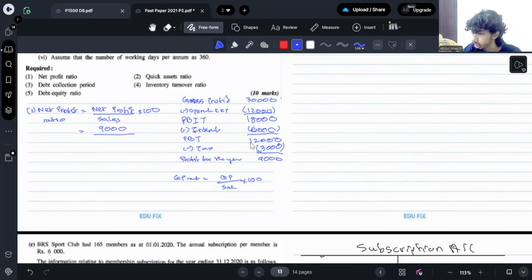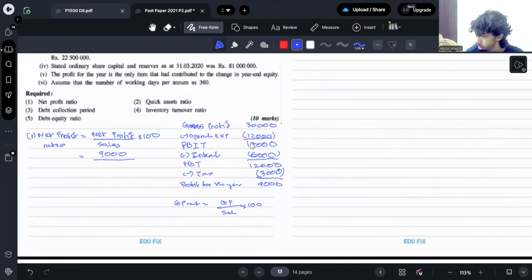Gross profit is given as 30,000. And how much will be sales? Sales will be 30,000 divided by 25 into 100. That will be 120,000.